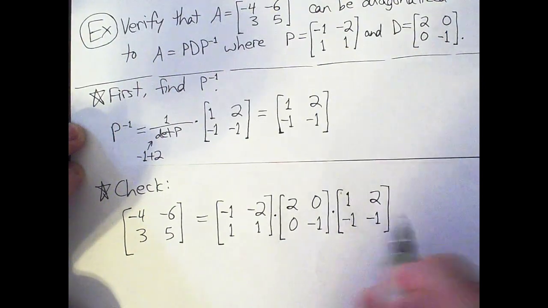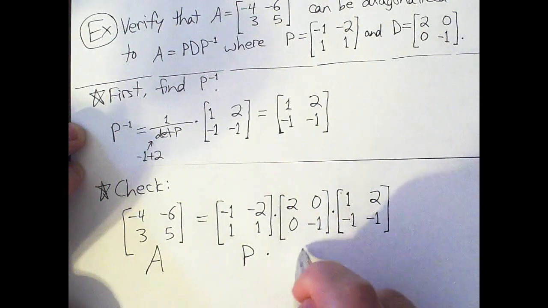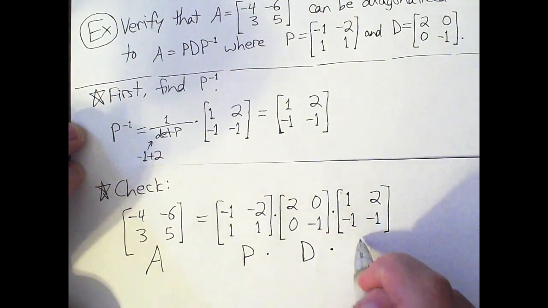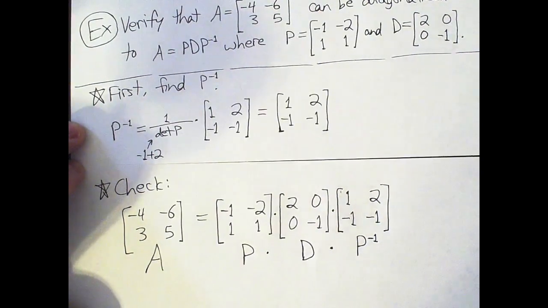Where what I've written here is A equals P times D times P inverse. We'll check to see if this is true.